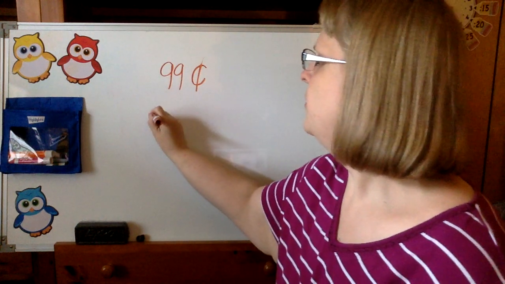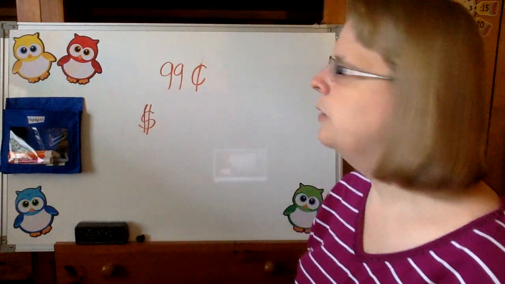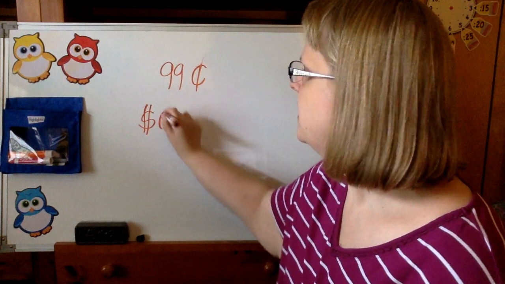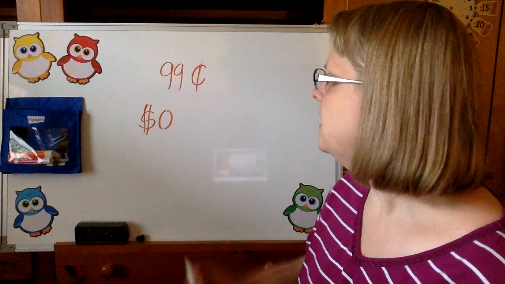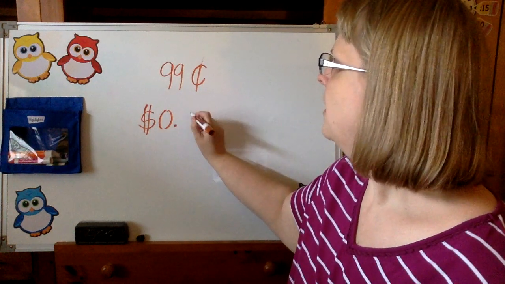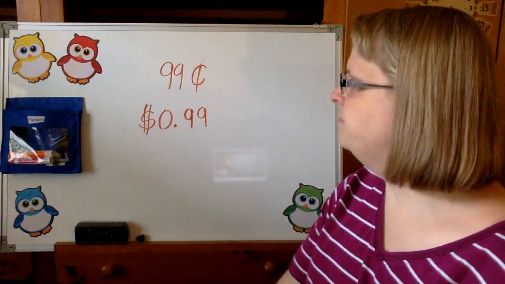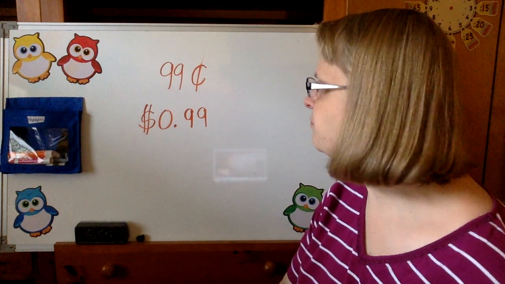And then when we're using the dollar sign, which is the letter S with one or sometimes two lines down between it, we see the zero if there's no whole dollar amount. Then we see the decimal, and then the cents amount. So this is the correct way to use the dollar and cent sign.